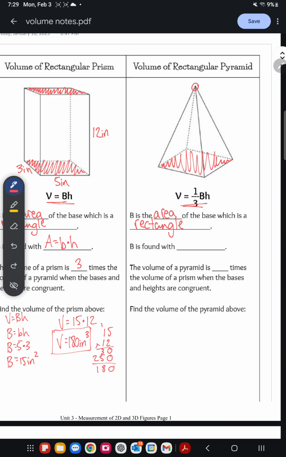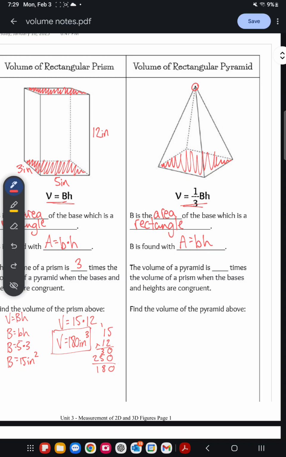Capital B, area of the base, is found using area equals base times height, only because the base is a rectangle. You have to identify the base first, then determine what shape is the base, and that is how you figure out how to find the area of the base. If the base was a triangle, base times height divided by 2. It just depends on what shape the base is.